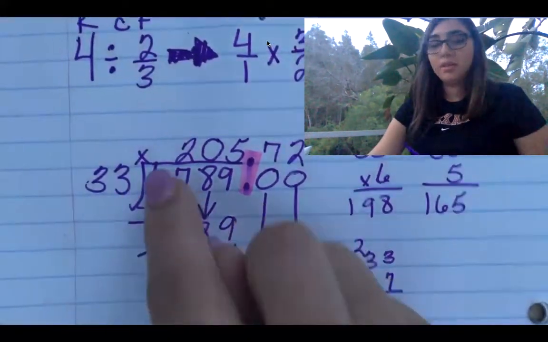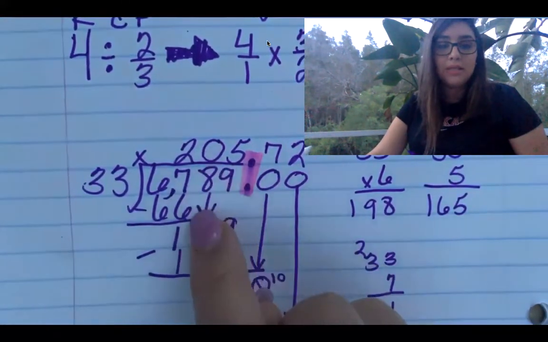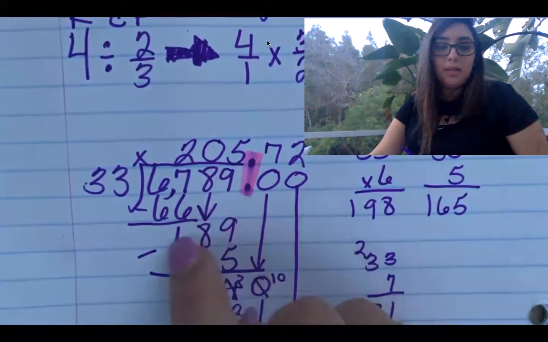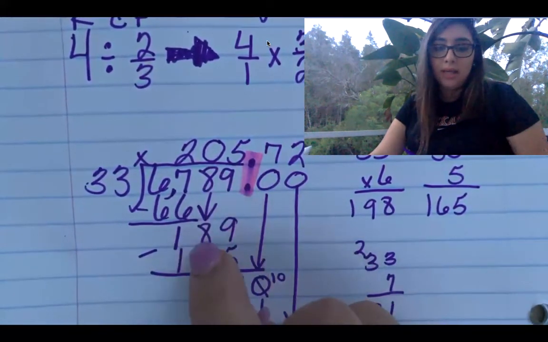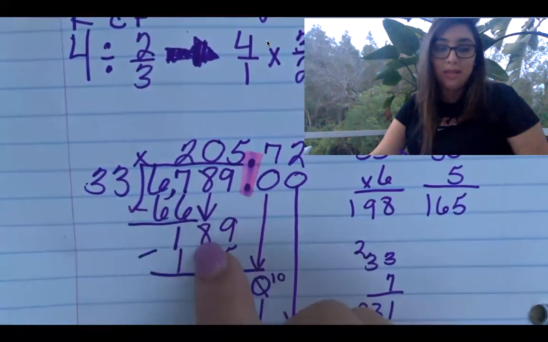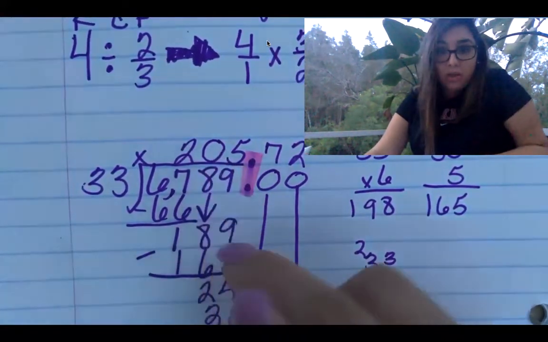So 33 doesn't go into 6, but it can go into 67 2 times. Gives me 66. Bring down the 8. And that's 18. But I can't put 33 into 18. So I have to put a 0 right here because I can't put 33 into 18.